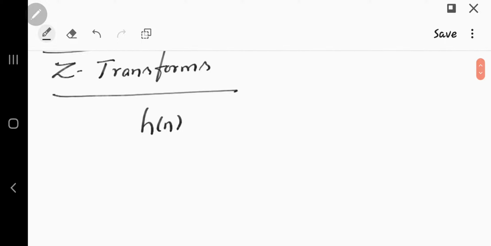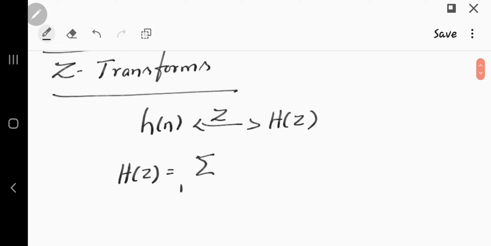from an LTI system, the Z transform of this is represented as H of z, and it is given as H of z equals summation n equals minus infinity to plus infinity h of n z to the power of minus n.